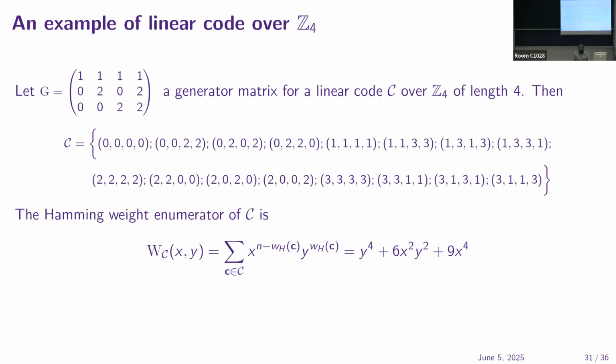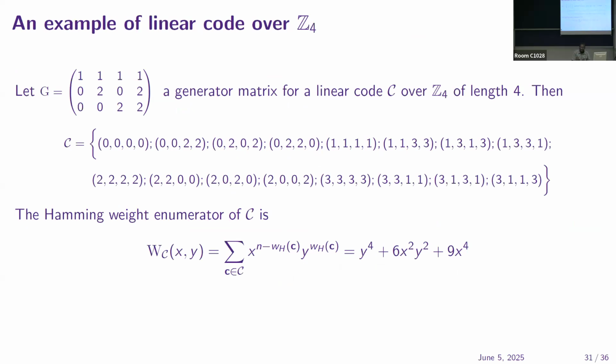Okay, that is an example. You use the linear code of generator matrix G. These are the codewords.